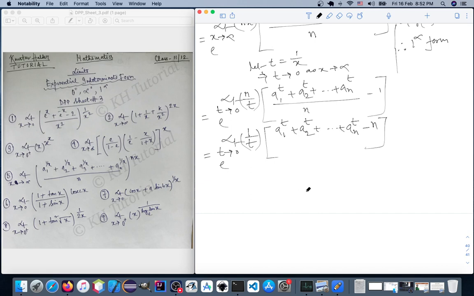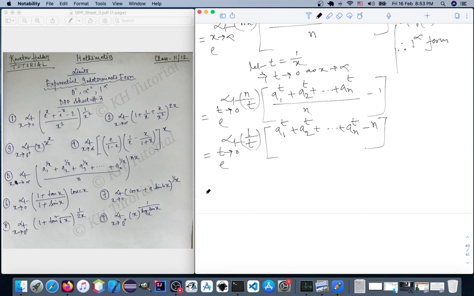We can distribute, we can take minus 1, we can write minus n as minus 1 minus 1 minus 1, n times, and merge each of those minus 1 with the a to the power t terms, and we will get the form a to the power t minus 1, and in the denominator we already have t, so we can then apply the standard result: limit of a to the power x minus 1 by x when x tends to 0 is log a.